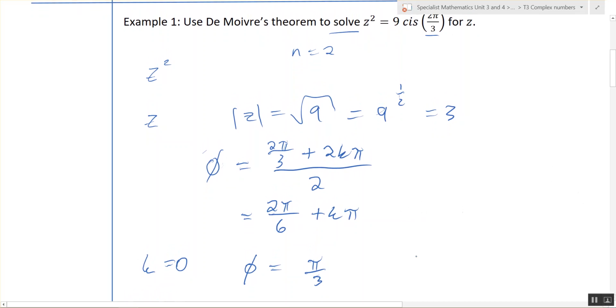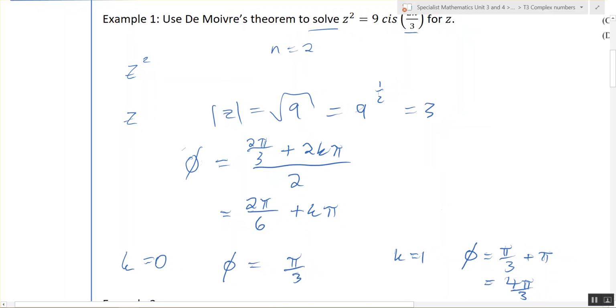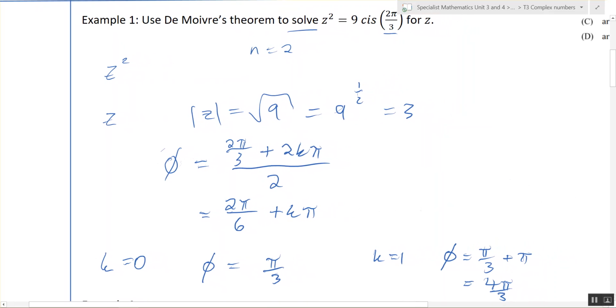So what do we do next then? k equals 1. So now phi is pi over 3 plus pi, which equals 4 pi on 3. And we want it as that, I forgot the name of it again.